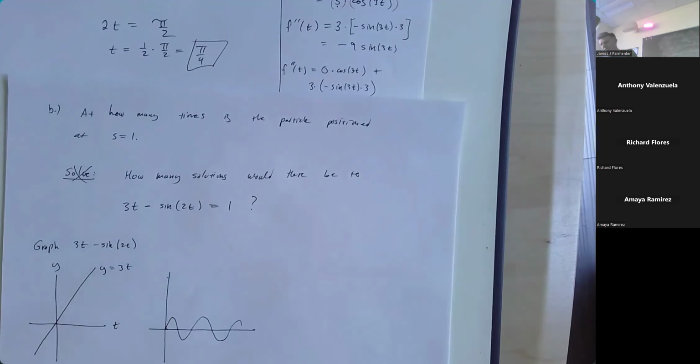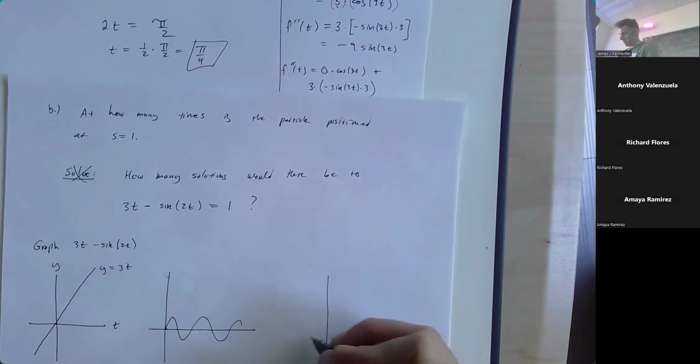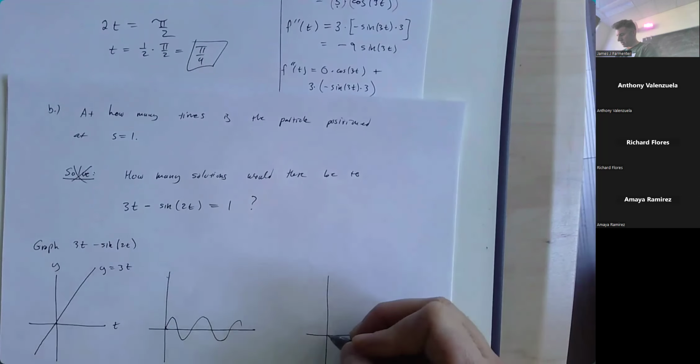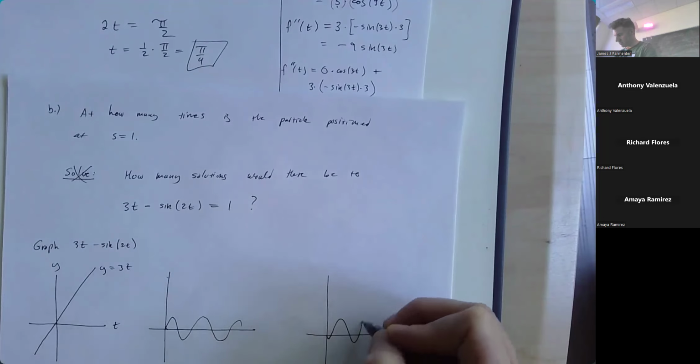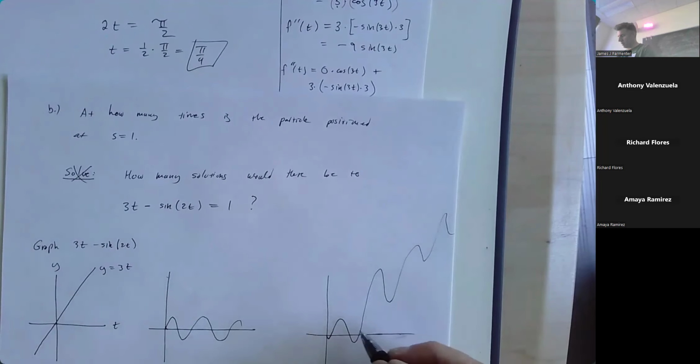So if I subtract those from each other, I'm going to be above 1 most of the time. I'm going to do some sort of weird oscillating thing. So eventually, I'm always going to be above the line y equals 1.